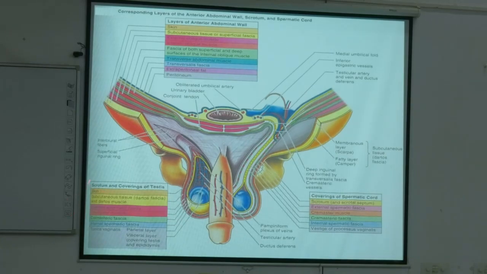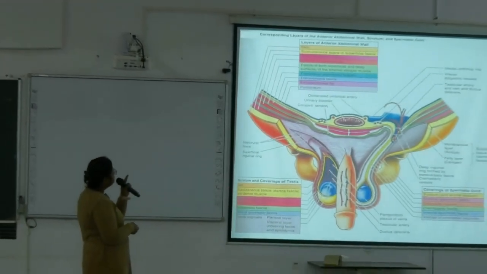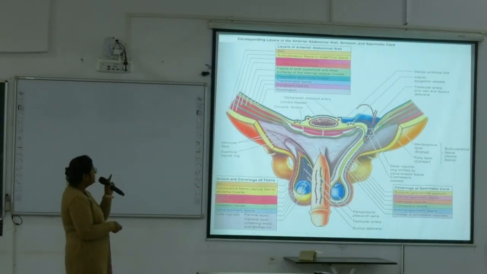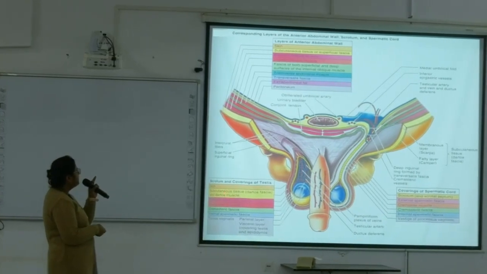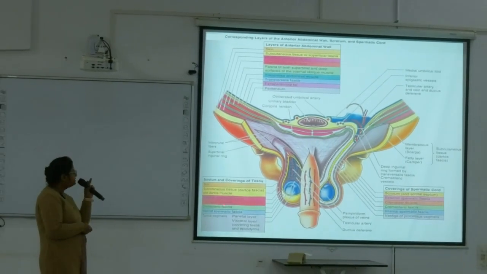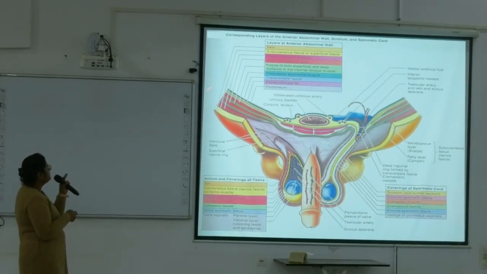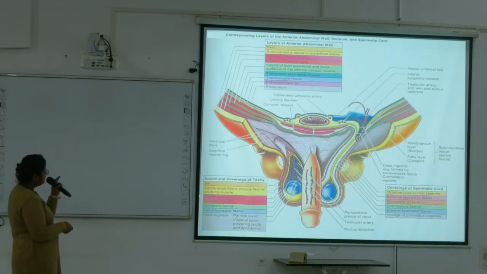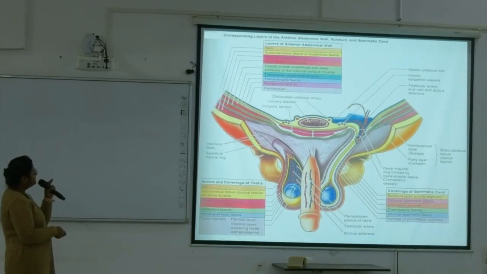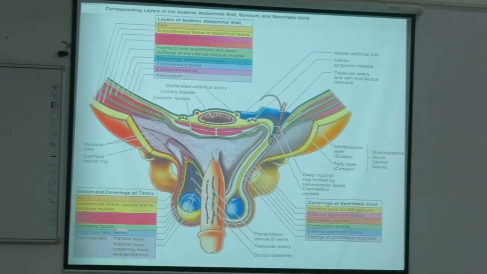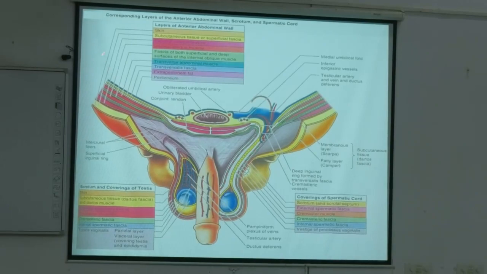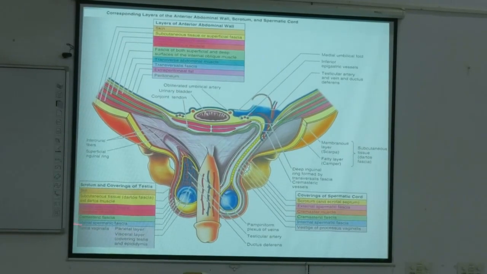Okay, so for the scrotum, these coverings are skin, subcutaneous tissue, that is known as dartos fascia, and one muscle layer is present here, dartos muscle. Then external oblique is forming the external spermatic fascia. Internal oblique is forming the cremasteric muscle and fascia, and transversus abdominis is forming the internal spermatic fascia.